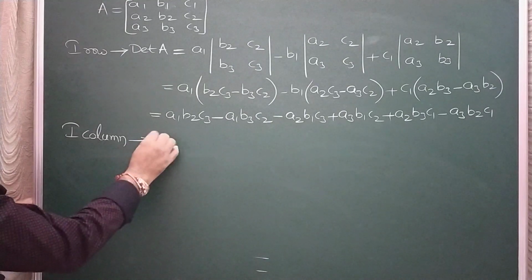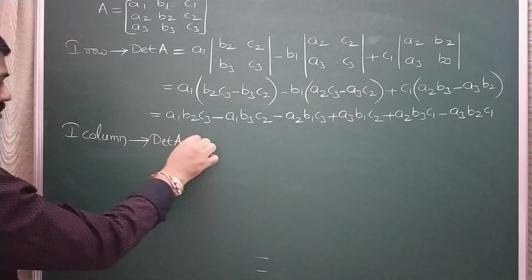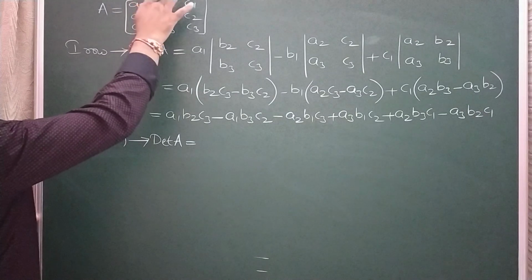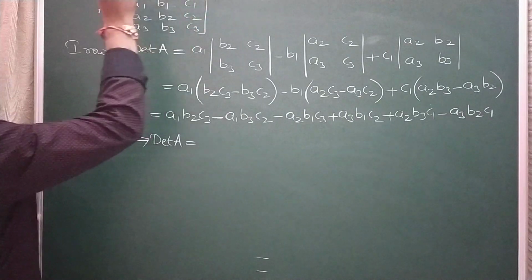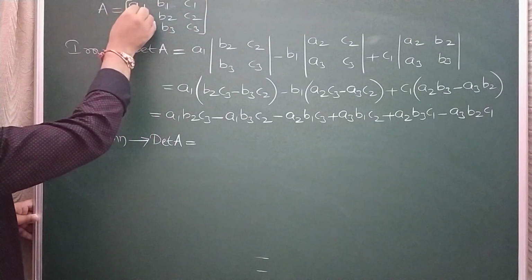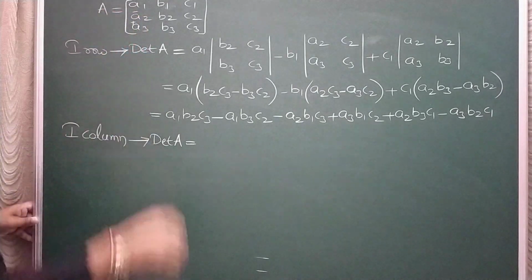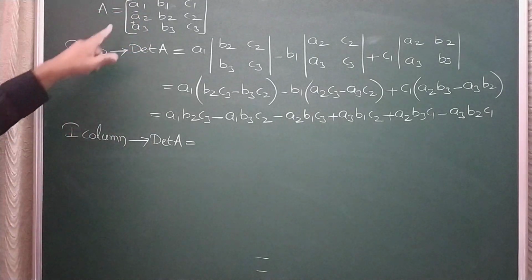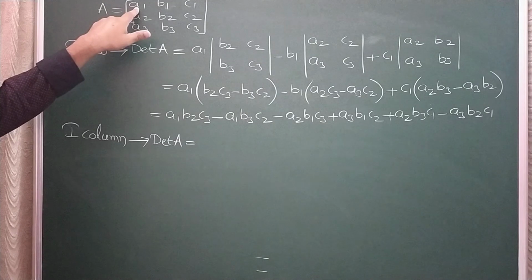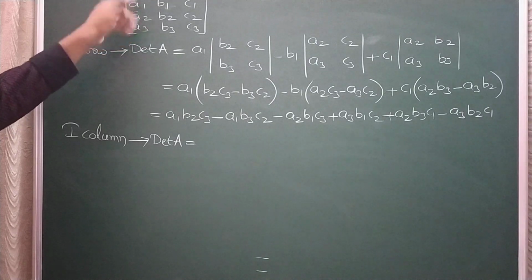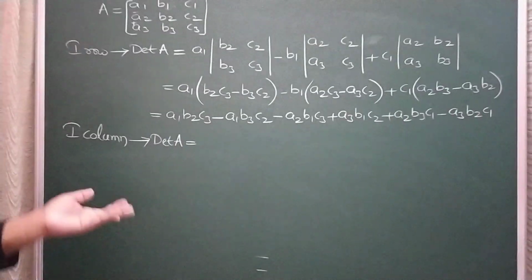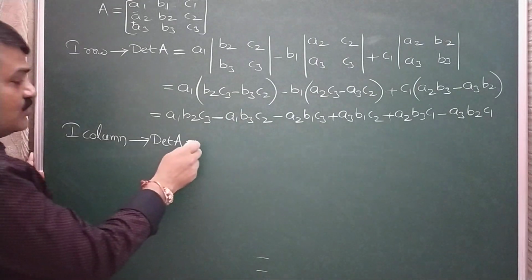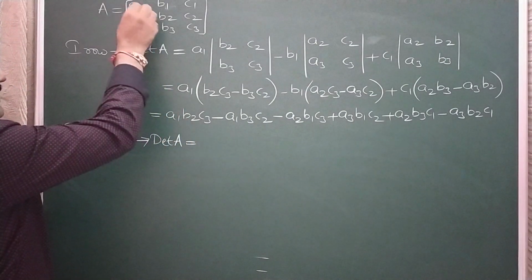What are the signs of the first column? Plus, minus, plus. The first element you start with plus, and after that write alternate positive and negative signs. That's all. So using the first column, A1 into its minor.